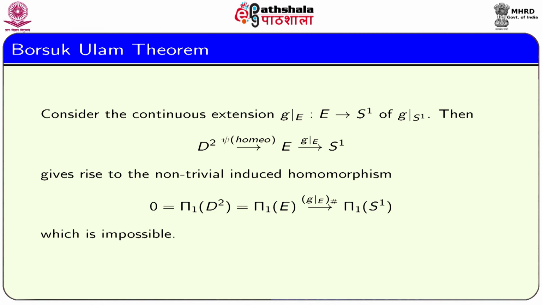Now, since psi is a homeomorphism, pi 1 D2 coincides with pi 1 E and D2 is contractible, so pi 1 D2 is 0. But that is an impossible situation.